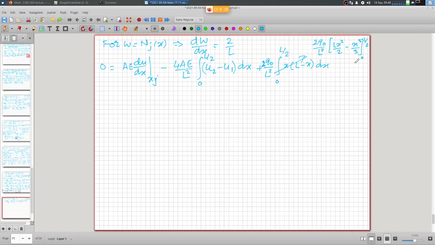So this term will be equal to 2q naught L square multiplied by L cube by 8 minus L cube by 24. Right?